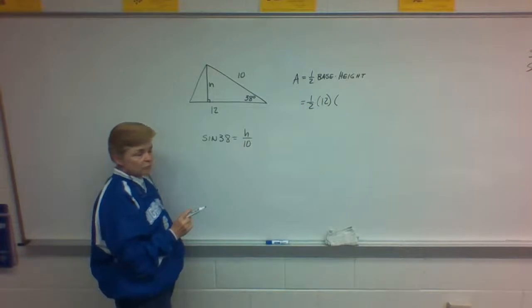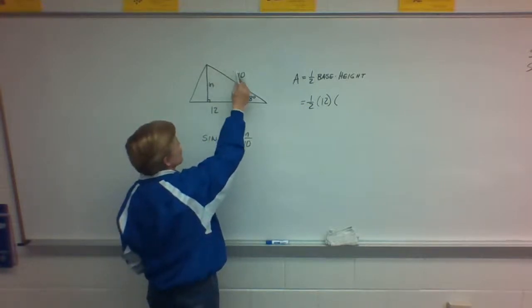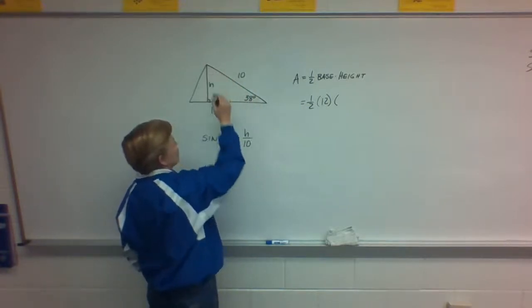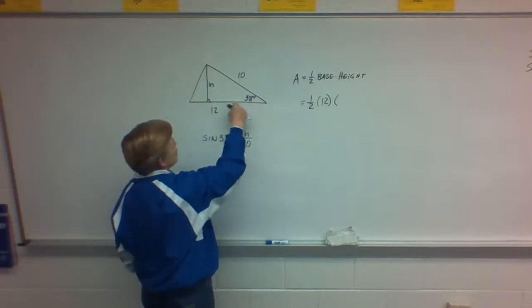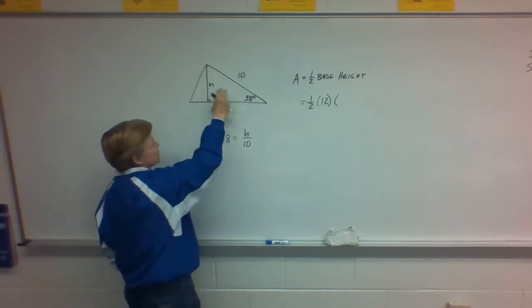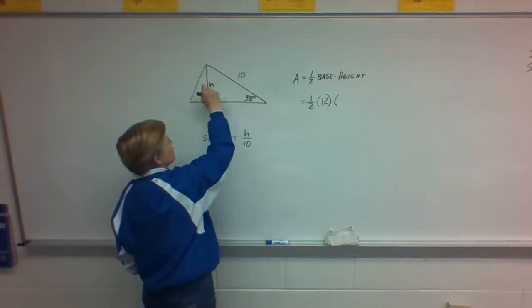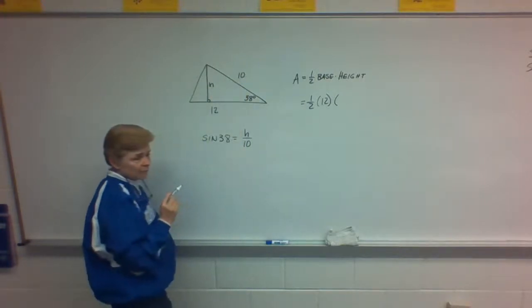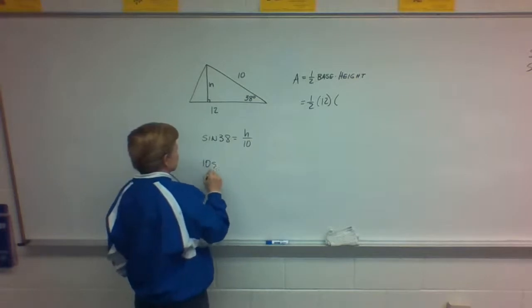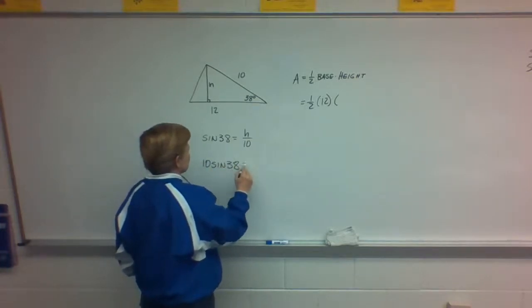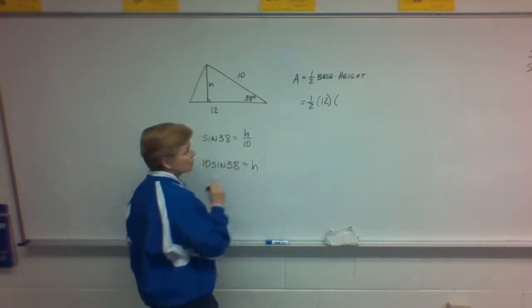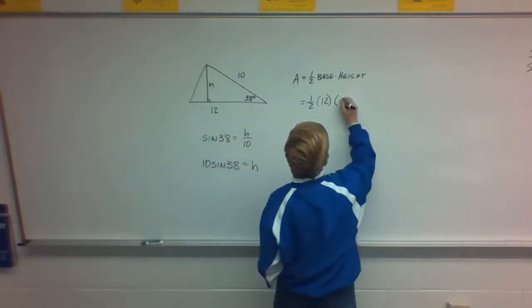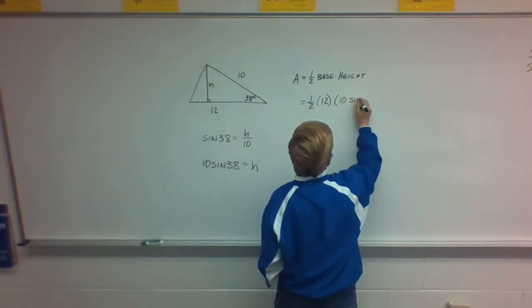If we use sine, we can use the opposite and the hypotenuse because all of those are parts of that triangle. We can't use the 12 because the 12 bleeds over onto this triangle. But in this right triangle here, the H and the 10 belong to it, and the thing that links them together is sine. You with me? So I get 10 sine 38 equals H. Okay? So I put that in here for H, 10 sine 38.